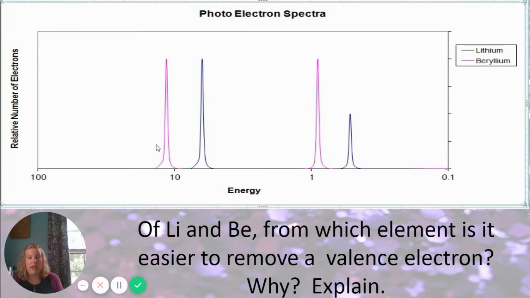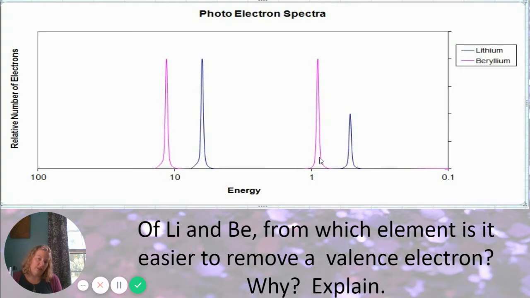The pink is the 1s electrons for beryllium, and the blue are the 1s electrons for lithium. When we go here, beryllium has 2 electrons because its electron configuration is 2s2. Lithium's is 2s1. So if we look here, it requires less energy to remove an electron from lithium than it does to remove the electrons from beryllium.